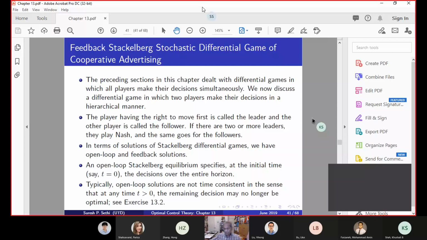Because remember, let's say capital T equal to 5, and we have a decision for the entire 5 periods.